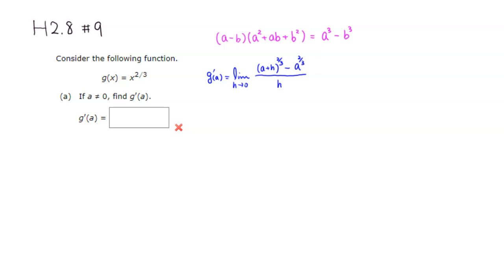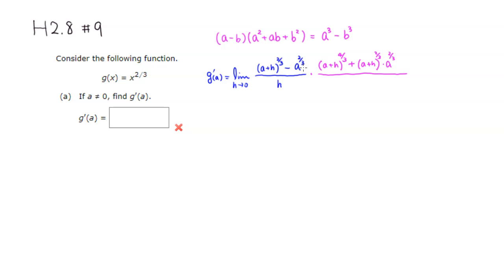So I'm going to multiply top and bottom by that. a plus h to the 2/3 power squared would be the 4/3 power, plus this guy times that guy, so a plus h to the 2/3 power times a to the 2/3 power.